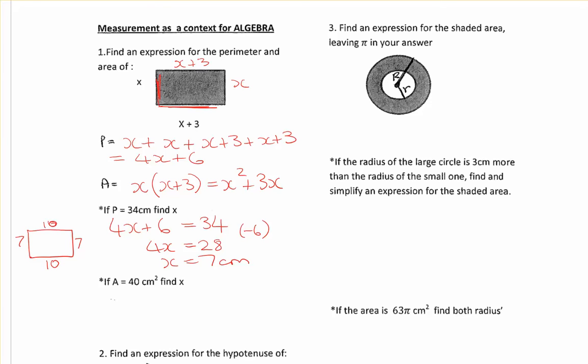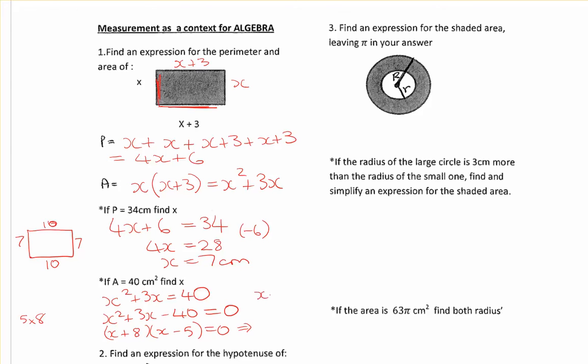Right, now the area, x squared plus 3x equals 40. It's a quadratic equation, and I know for a quadratic I'm supposed to get 0 on one side. It's the technique we use for solving quadratics. Because now I can factorise. 5 times 8 is 40. So we need a plus 8 and a minus 5.